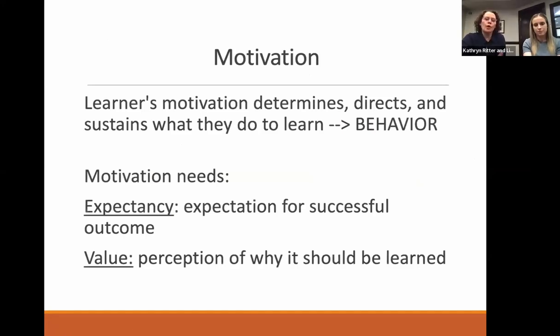As you heard earlier, and we'll talk about again in a couple of slides, this is the idea of the zone of proximal development: if you push learners too far past what they are capable of, they're not even going to try because they don't believe they can be successful. In addition, it needs to add value. As adults, we have only a limited amount of time to learn or grow or decide where we're going to focus our attention, and if we don't see the value in that topic, we won't be motivated to move forward.